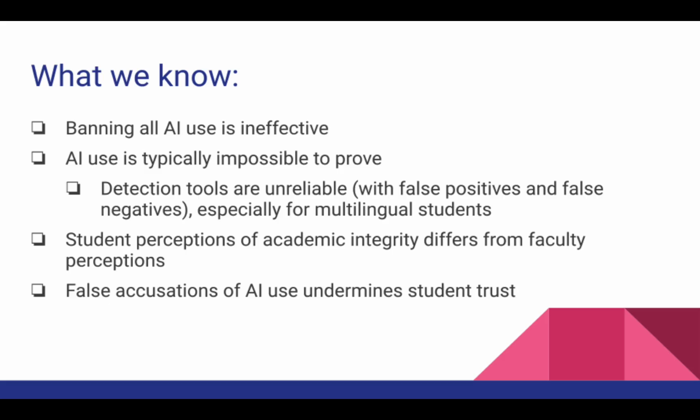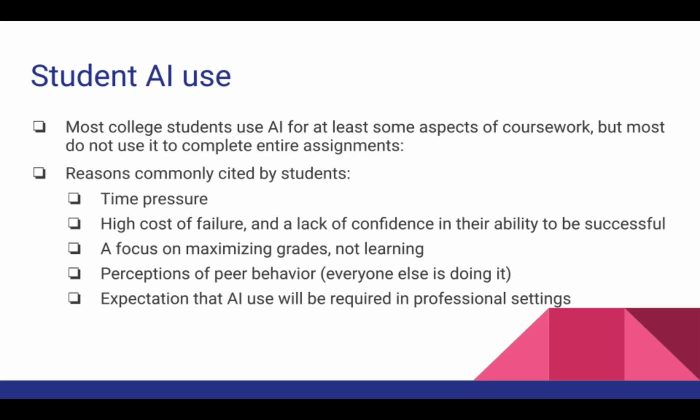And we have had some faculty on campus accuse every single person in their class of AI use, in part because of a reliance on AI detectors. And it's possible that every student had done it. But if someone is falsely accused and threatened with a penalty or is penalized, that can create a really negative environment and it can really damage that student's perception of faculty.